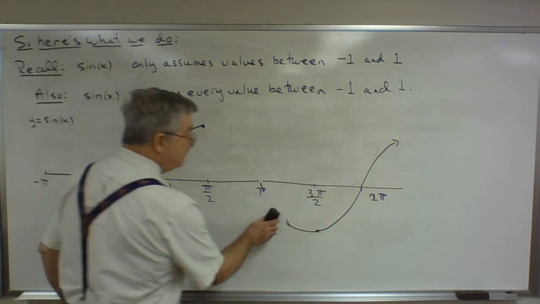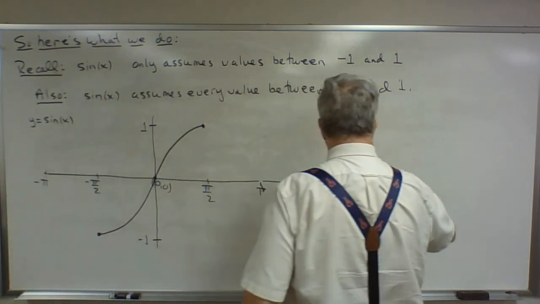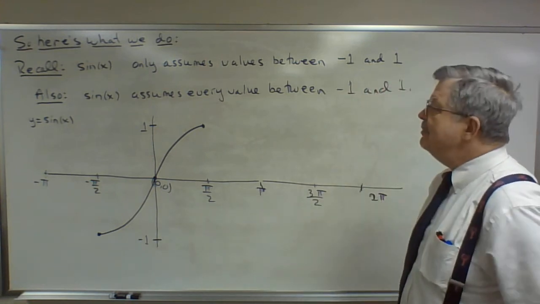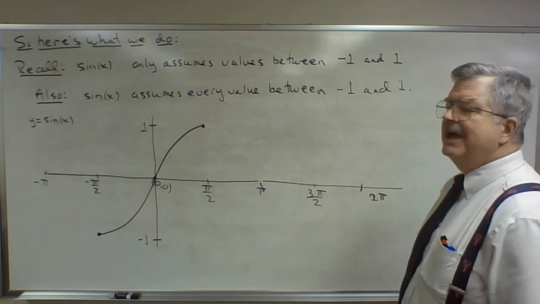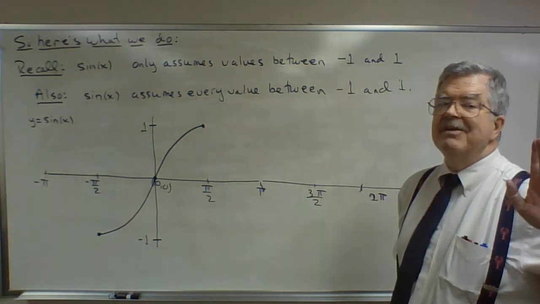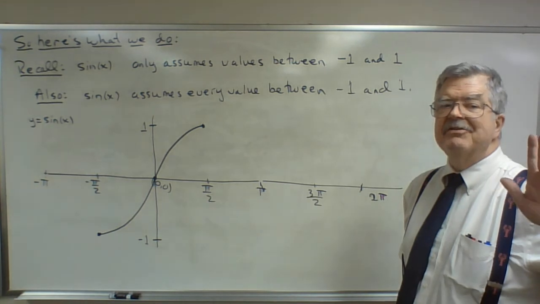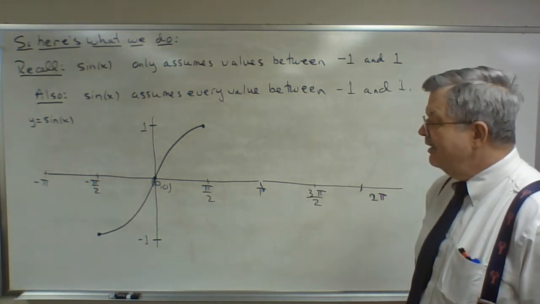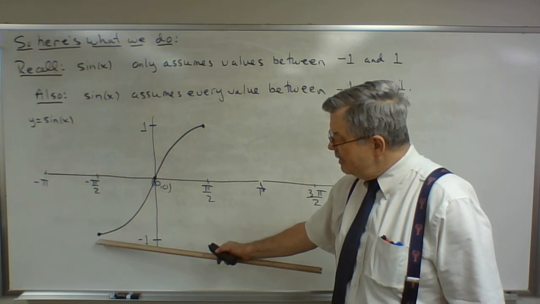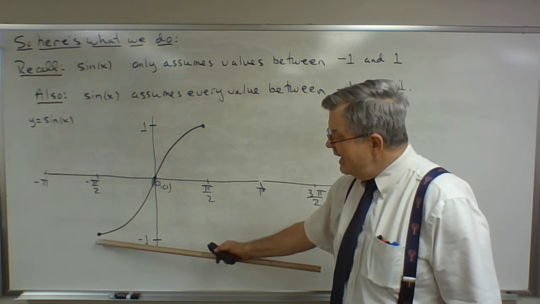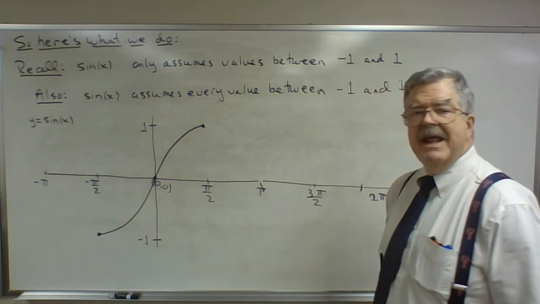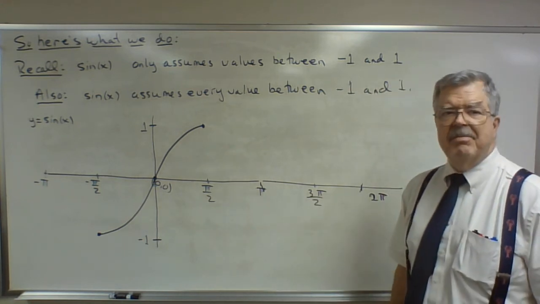And the effect will be that if we plug any value that sine can assume into the sine inverse function, we're going to get exactly one value, and it's going to be between negative pi over 2 and positive pi over 2.